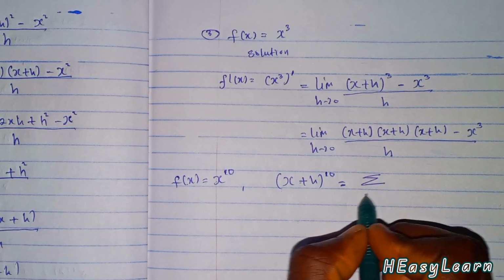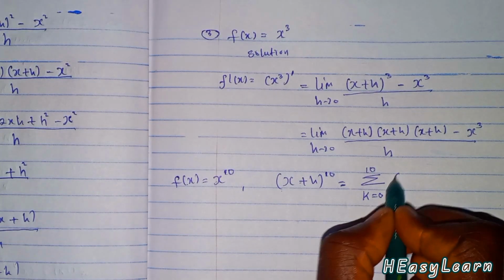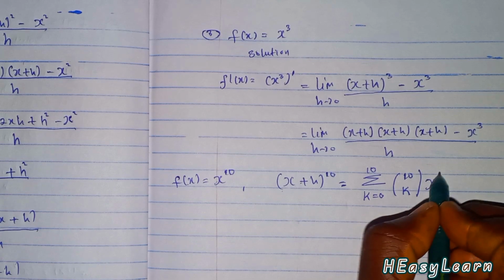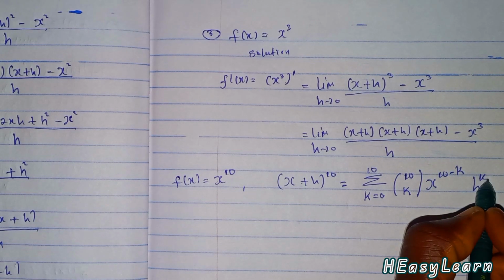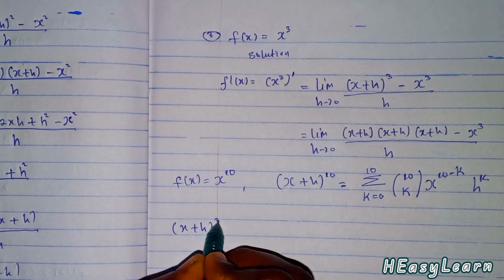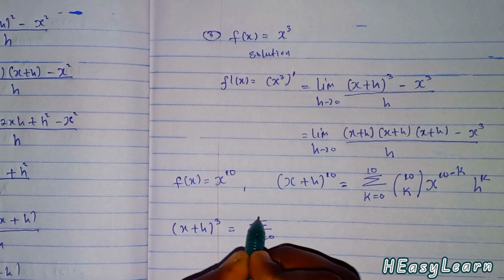Use the binomial theorem: the summation of k starting from 0 to 10 of combination k, x to the power of 10 minus k, h to the power of k. In this case, x plus h to the power of 3 will equal the summation of k starting from 0 to 3.